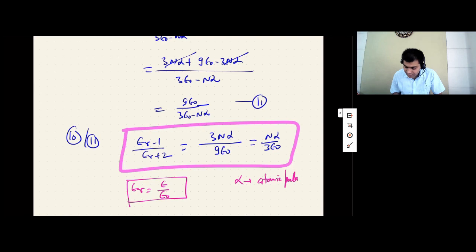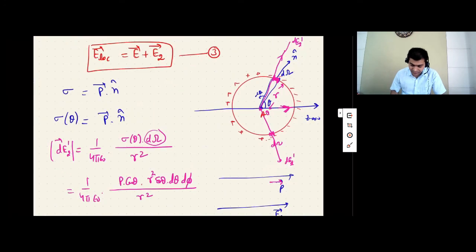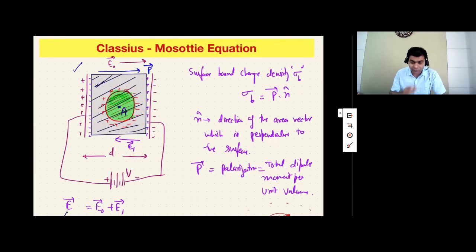This equation was derived with certain assumptions: that our material is dense and isotropic, and that we have considered a cubic or amorphous structure, for which E3 was equal to 0. Precisely, the electric field due to all the electric dipoles present in the shaded region at A comes out to be 0.